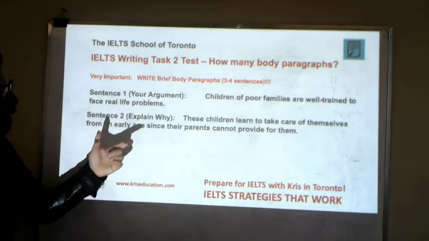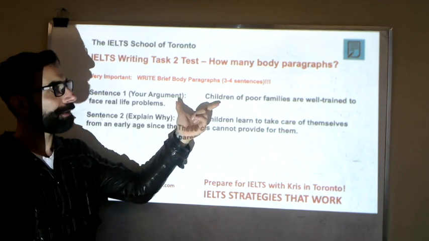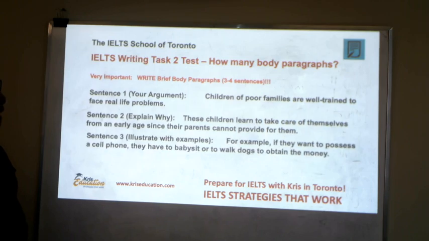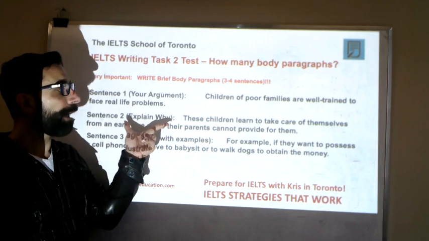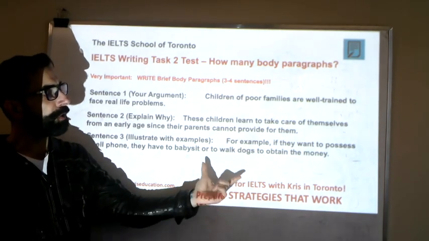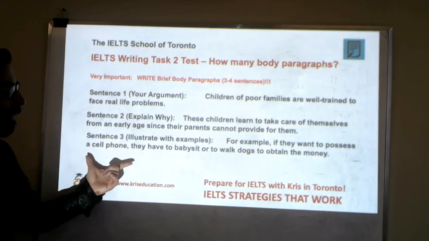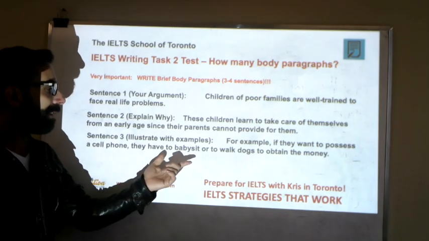Sentence number 2, explain why you think this is the case. So sentence number 2 can be either why or how, and sentence number 3, if possible, give a practical example. In this case, cell phone is a practical example.